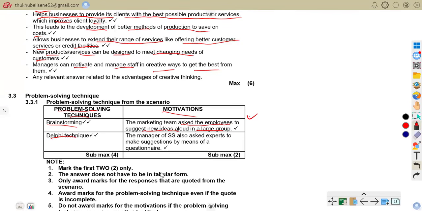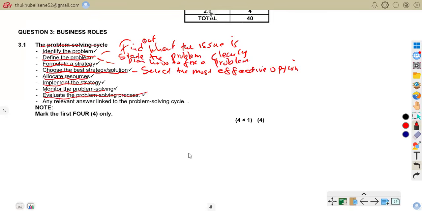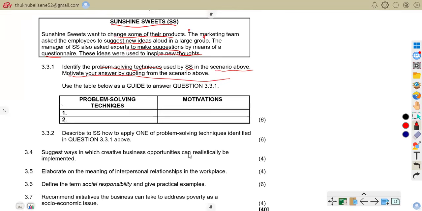Also, we have the Delphi technique. The manager of SS also asks the experts to make suggestions by means of questionnaire. Let us prove it from the scenario, how we came up with the Delphi technique. The manager of Sunshine should also ask the experts. If we are asking the experts to make suggestions by means of questionnaire, it means that is the Delphi technique.